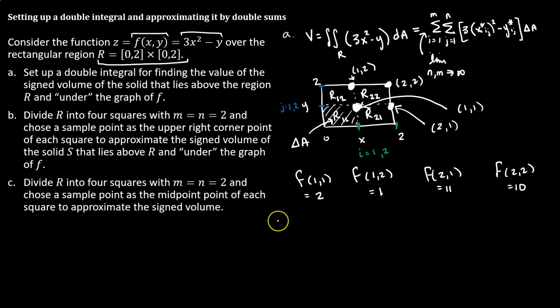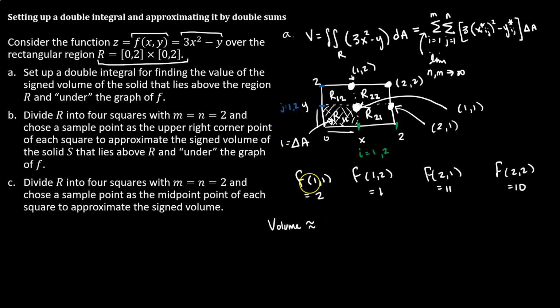So when we do this volume approximation, we're going to take each one of these values that we just calculated and multiply by the area of our partition. So if we think about what delta A is, like in this picture, it's a box that has side length 1, side length 1. So that area is equal to 1.